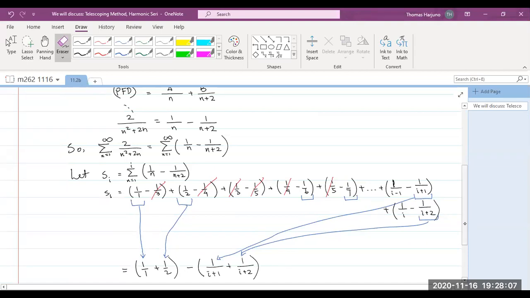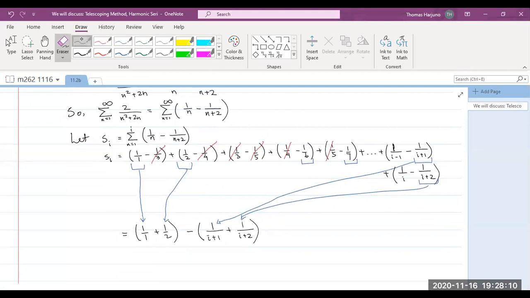Okay, so the ith partial sum will be 3 over 2 minus 1 over I plus 1 plus 1 over I plus 2.